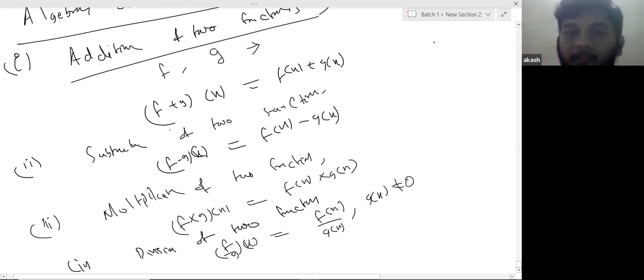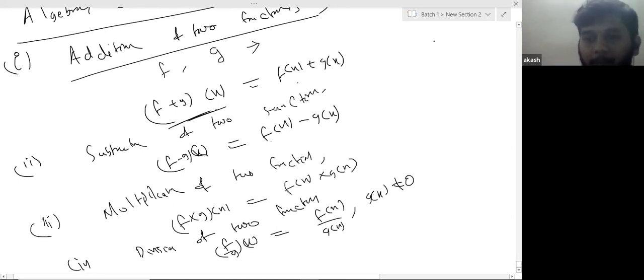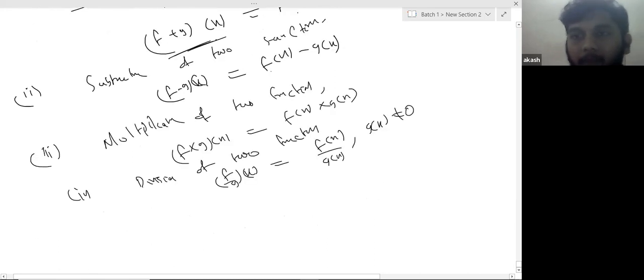If this type of thing is written, then this means simply f of x plus g of x. F minus g of x is f of x minus g of x. Right? Write it down first, then I'll explain.